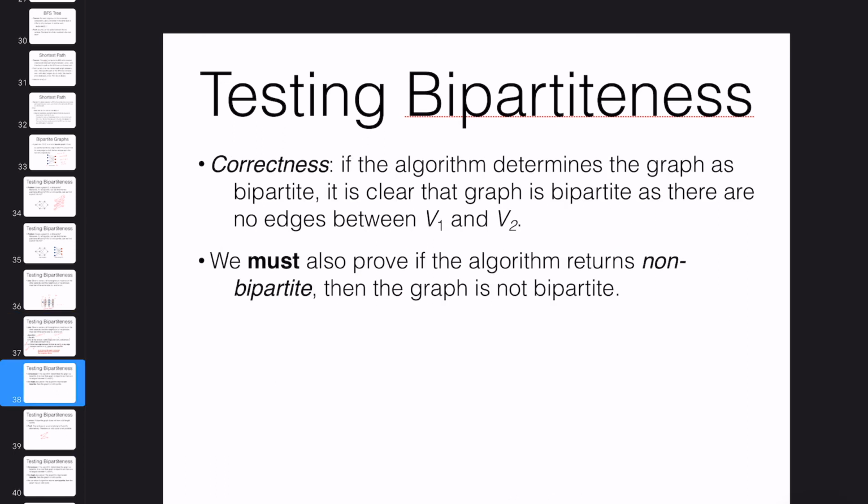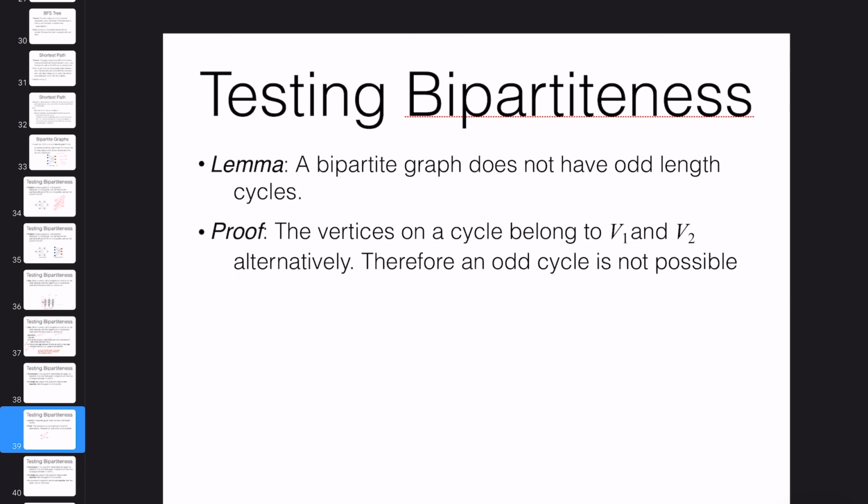The other part is that if the algorithm tells you it is not bipartite, you also have to prove that definitely the graph cannot be bipartite. How to prove that? I have the complete proof, but the whole idea comes from this fact that in bipartite graphs, we don't have cycles with odd length. Basically, if you check any cycle, you start from one node and you come back to this node.